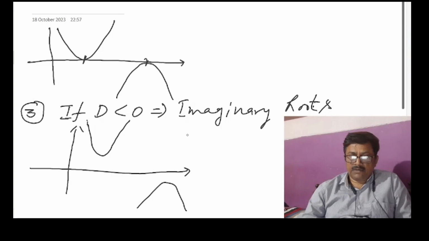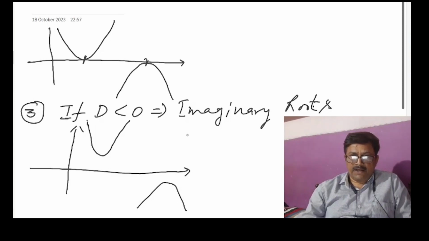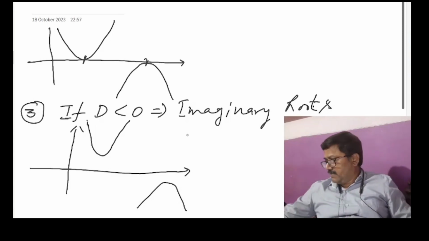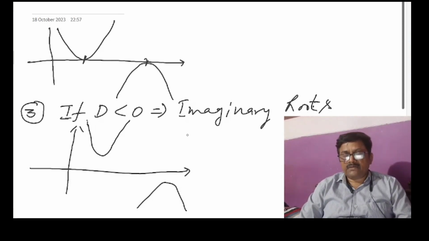So the graph cannot cut the x-axis, because if it cut the x-axis, then for that value of x, y would be 0. But there is no real value of x for which y is 0. So the graph will not cut the x-axis. Maybe this case, maybe this case. So these were three important concepts to draw the graph of a quadratic expression.